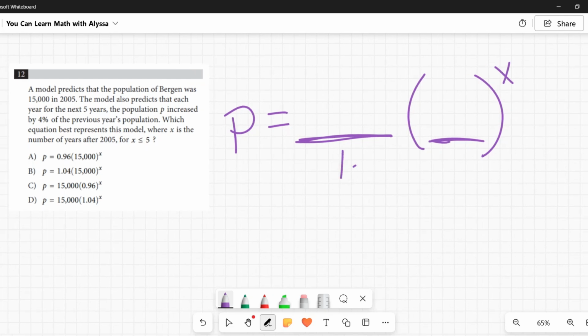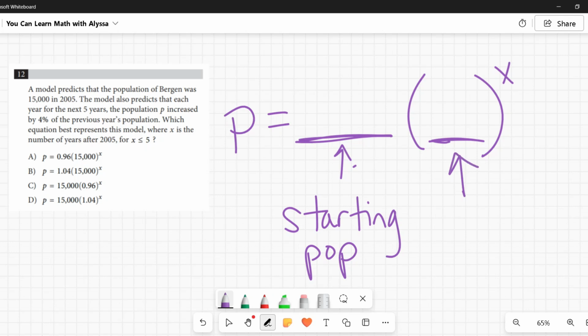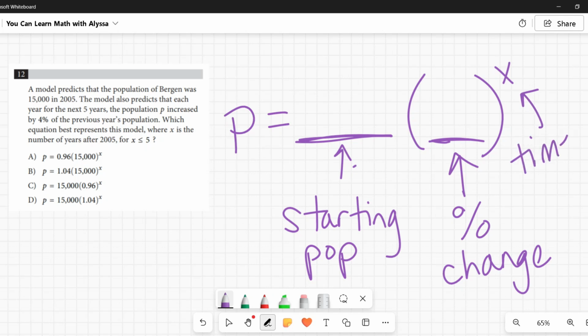This number that goes right here is your starting point. It's the starting population. The number that goes here is going to be representing your percent of change, whether that's an increase or a decrease. And this number up here is units of time.